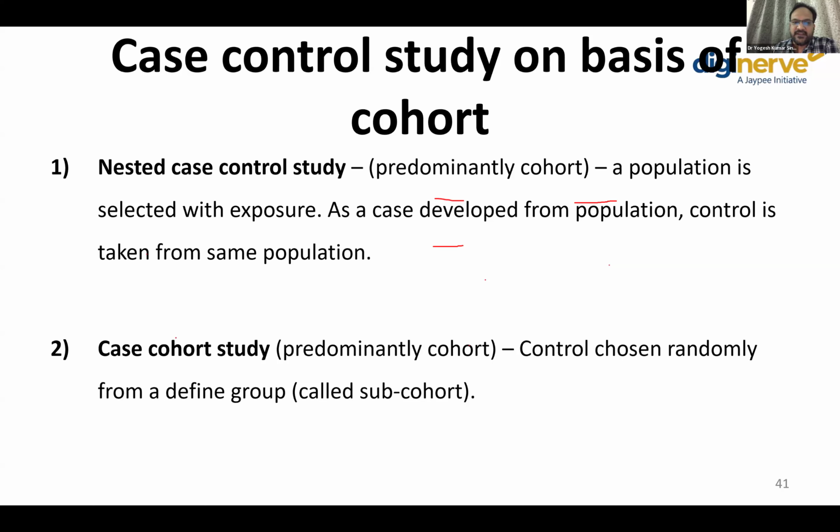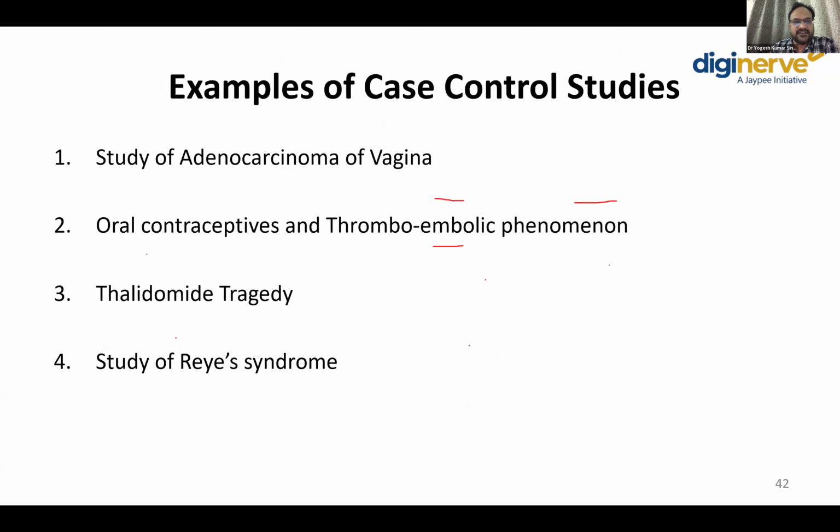In a case cohort study, we take a particular group, and from that group we randomly choose controls. It is similar to the population approach, but instead of a population, we take a cohort, and when a disease develops, we select controls from that cohort.